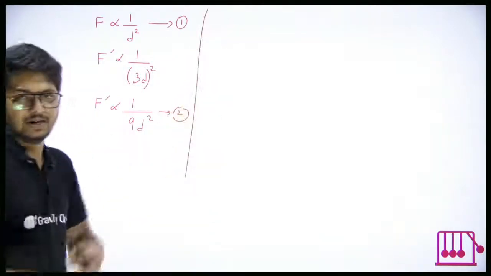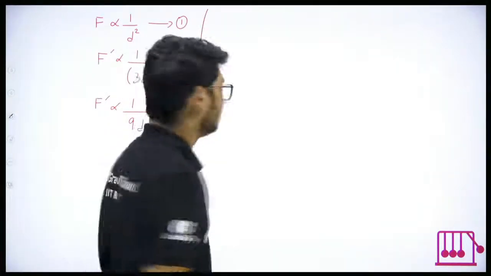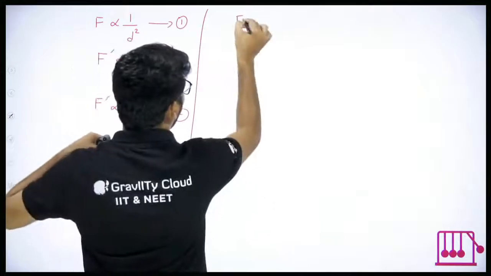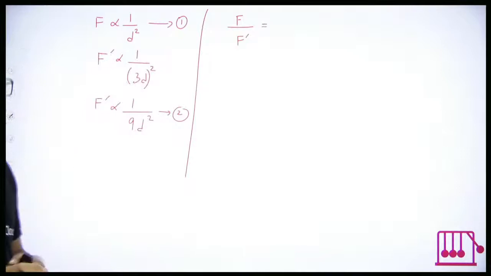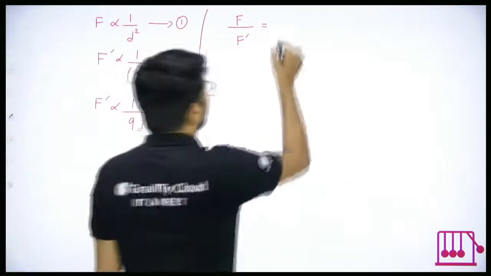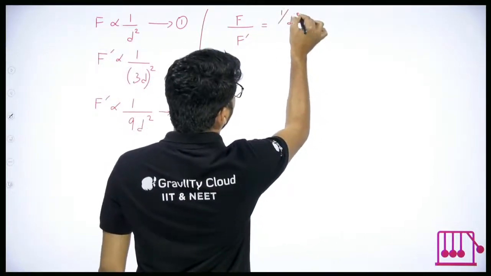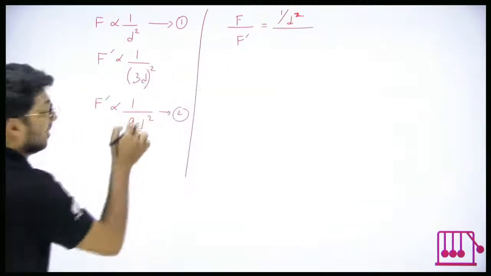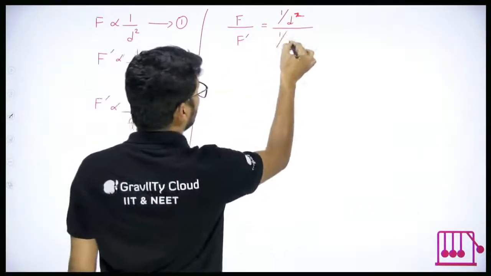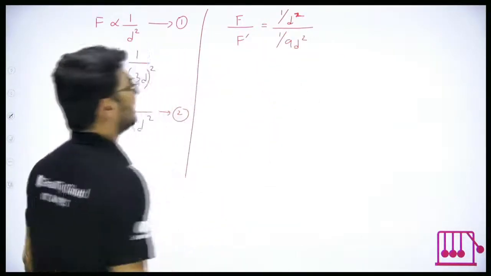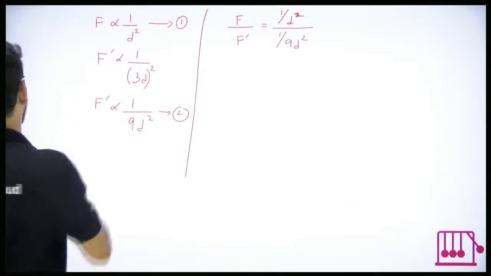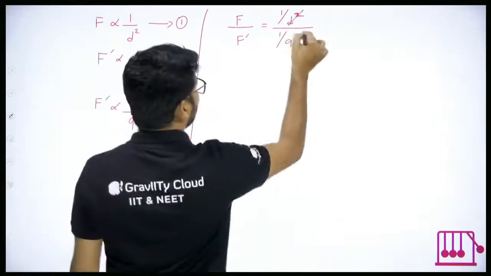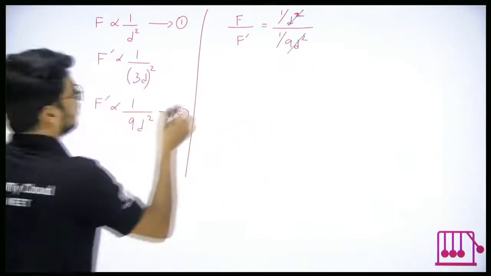Now when you divide them, you can directly divide the proportionality. So when you divide them, you get F by F dash is equal to, here you have 1 by d square for F, and here you have 1 by 9d square. Then you can clearly see that d square gets cancelled. What is remaining here?